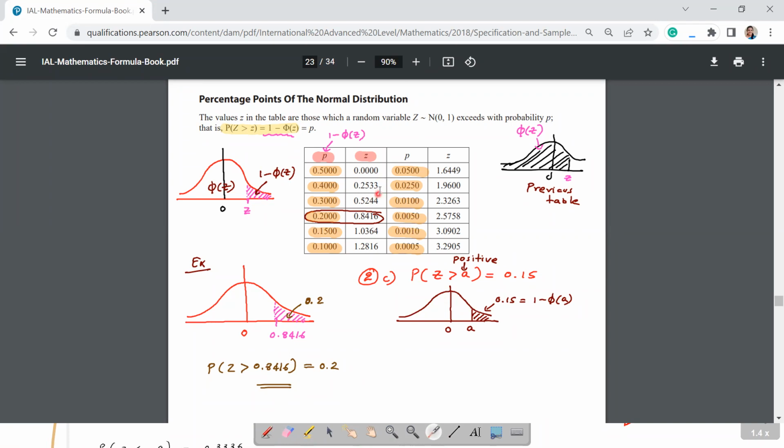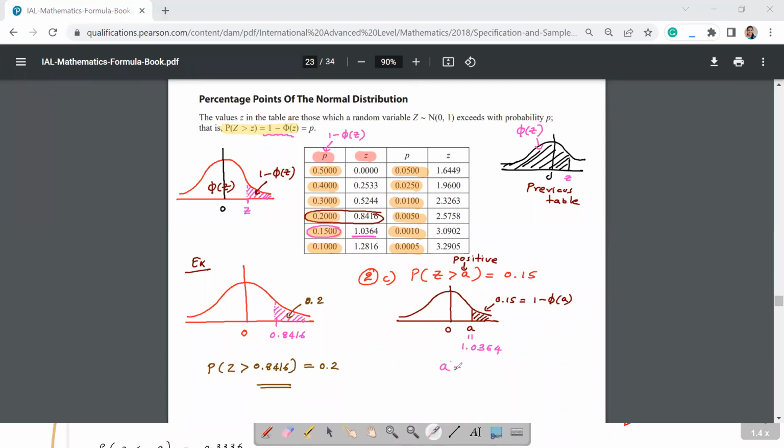You saw that you didn't get 0.85. But in this table we can find 0.15. It's possible to find the area in front, so I can find it here. 0.15 is the area in front, and the corresponding Z value is 1.0364. So that's your answer, guys.